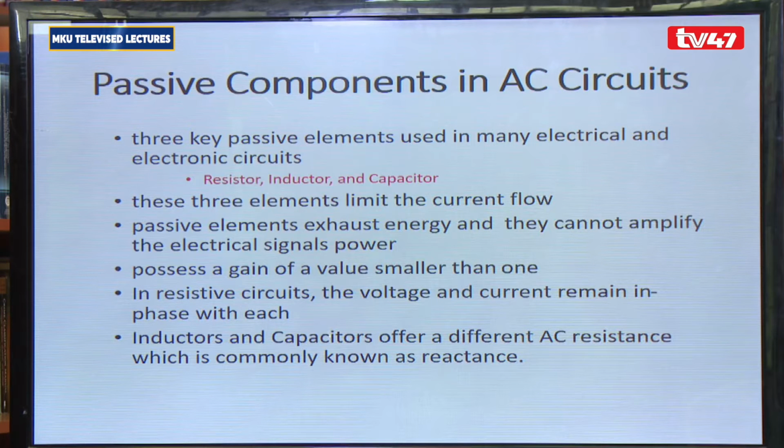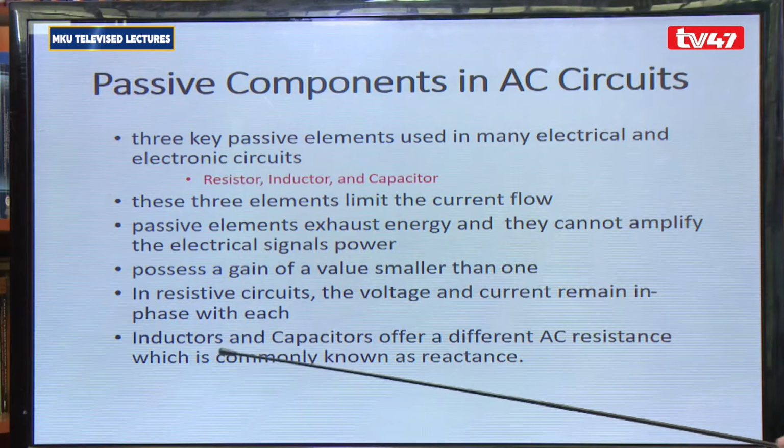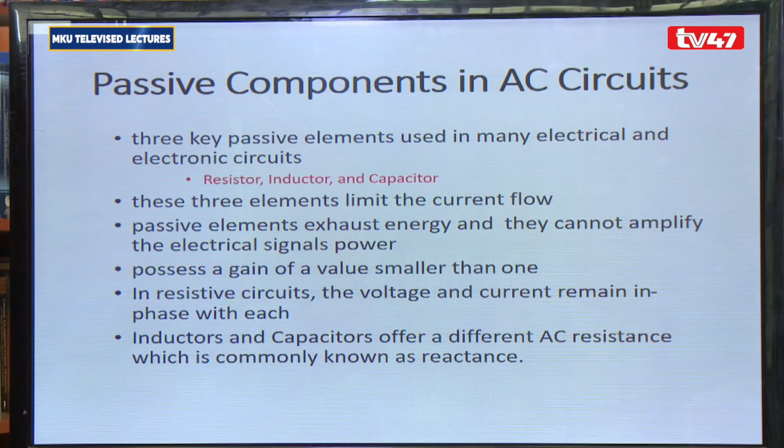And to get the power output in a resistive circuit, it is given by I times V, where I is the current and V is the voltage. Then if you look at the inductors and capacitors, these have a different kind of opposition to the flow of current, which is called reactance.